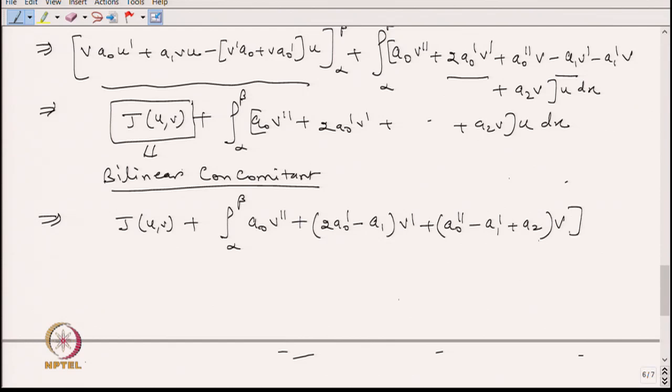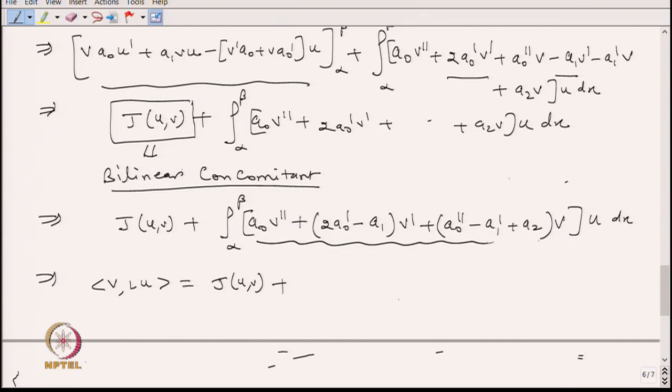This quantity I am taking, and then u dx. So, what I have done is I started with v and then Lu. From here I will get J of u and v plus this quantity, which is another differential operator.